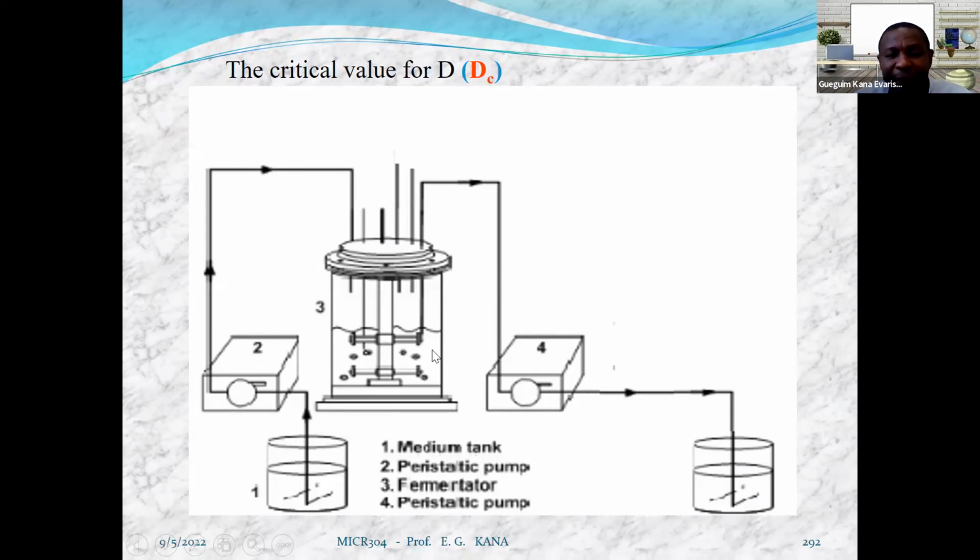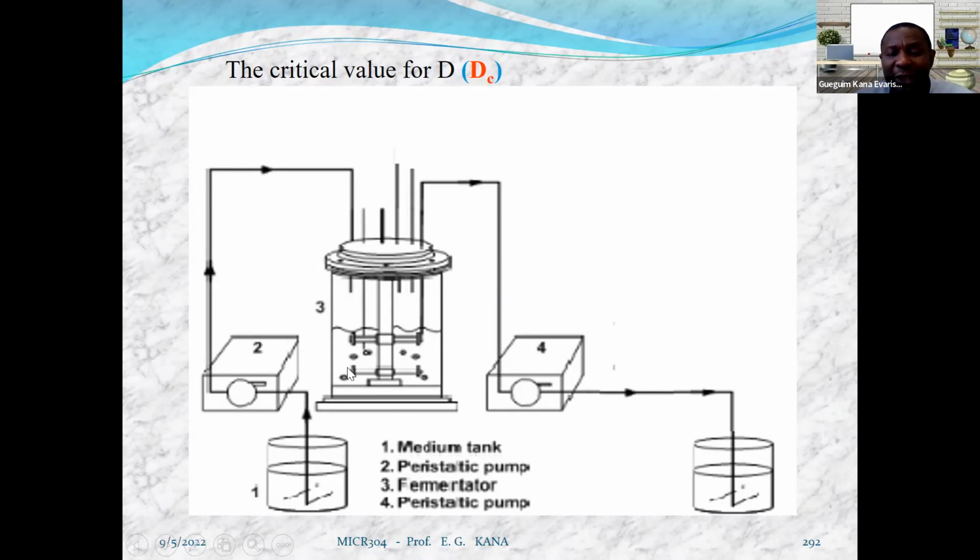For example, when cells are multiplying within these reactors, and at the same time the overflow device is taking out a portion of cells, if you increase the dilution rate, you will reach a scenario in which the growth of the cells can no longer match the dilution rate, and cells begin to be washed out of the system.